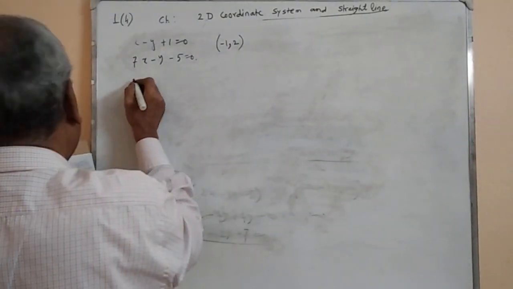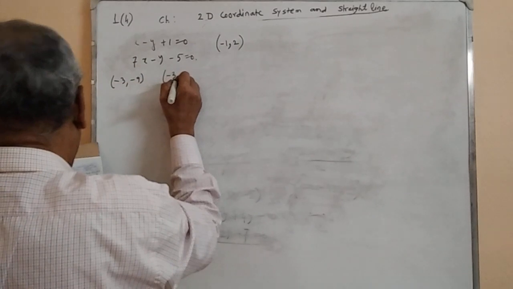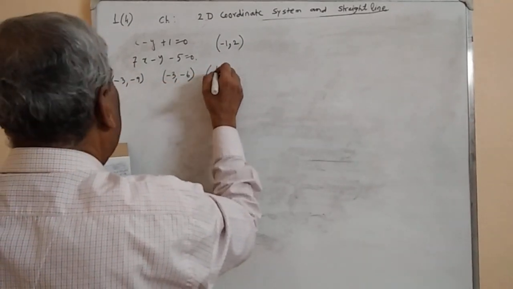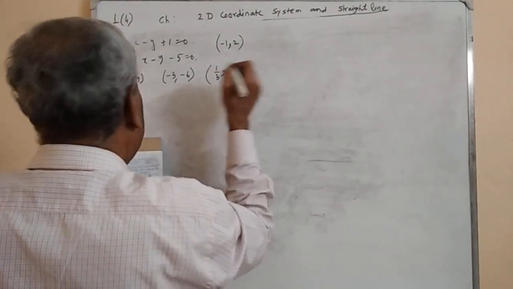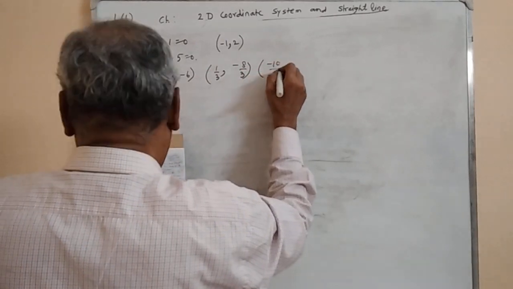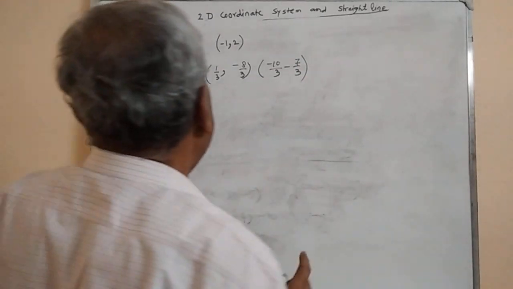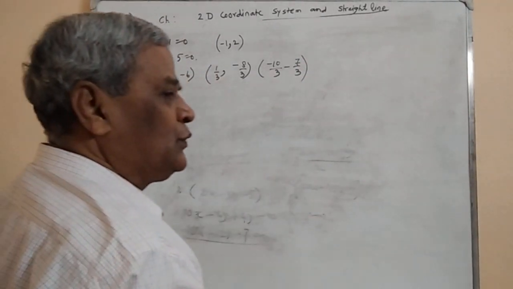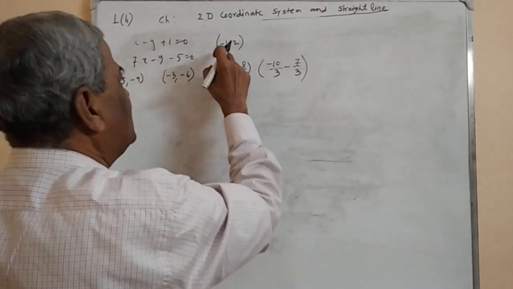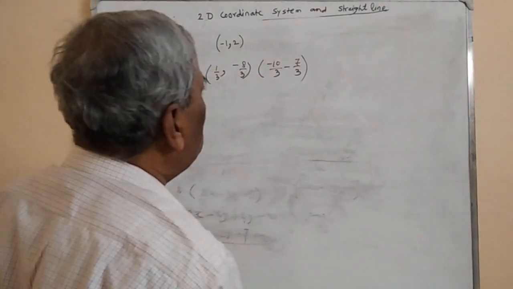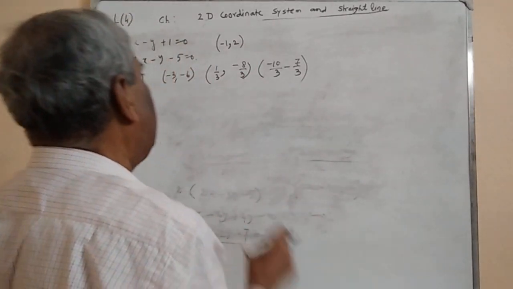Number 1, (minus 3, minus 9); number 2, (minus 3, minus 6); number 3, (1 by 3, minus 8 by 3); and number 4, (minus 10 by 3, minus 7 by 3). The problem is that these two are two sides of a rhombus and the diagonals meet at that point. Then we have to test which one of the four points is a vertex of the rhombus.